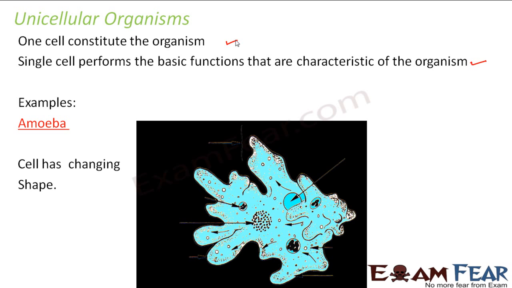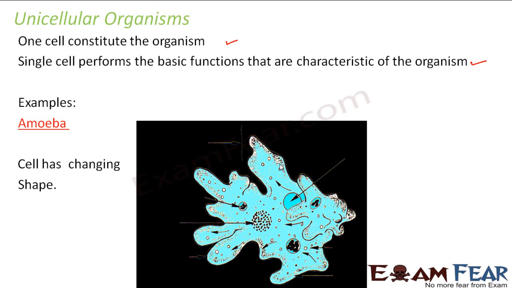So this is how an amoeba looks like. The entire body of the amoeba just has one cell. This entire thing is one cell, and this entire thing is an amoeba. This amoeba is a shapeless microorganism, it doesn't have a fixed shape, which is a protozoa. Where do we generally find amoeba?